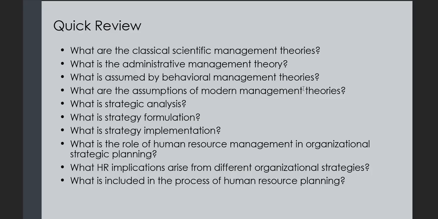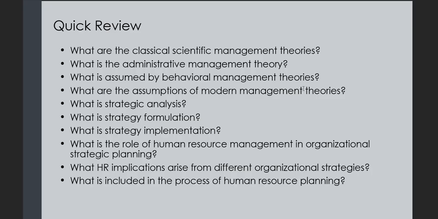Then we have strategy formulation. This is converting the strategic analysis into a business plan, including choosing competitive strategies like those described by the famous Porter. What is strategy implementation? This is translating strategy into goals, objectives, metrics, and timelines, and ensuring alignment across the organization.